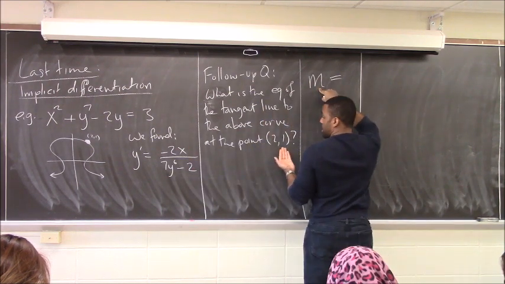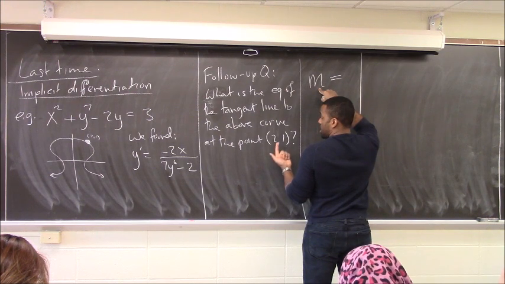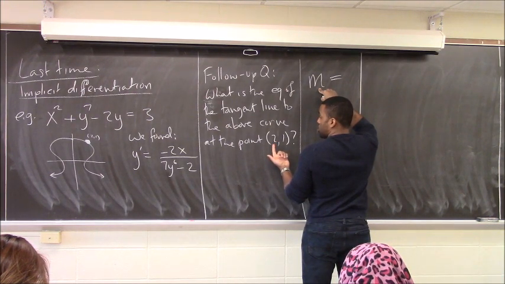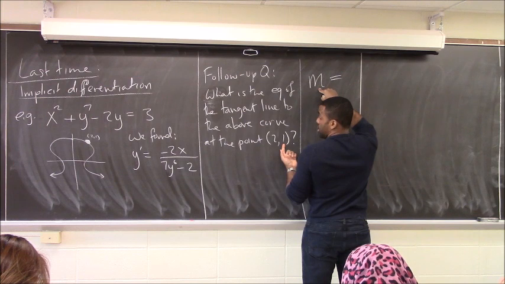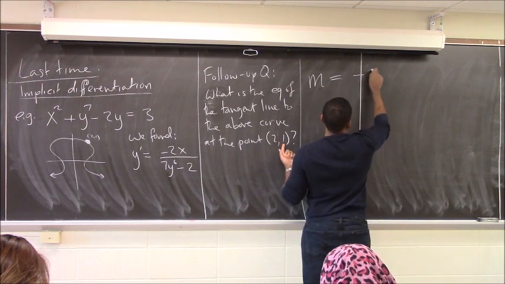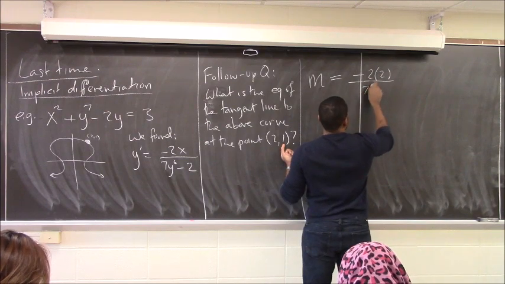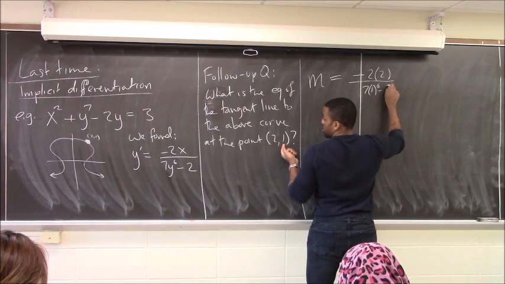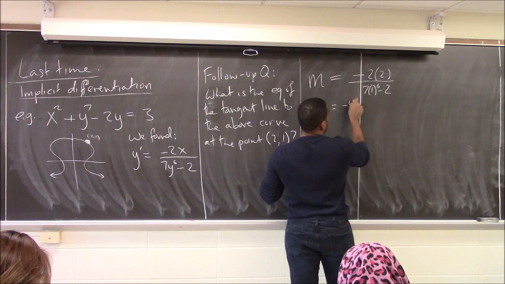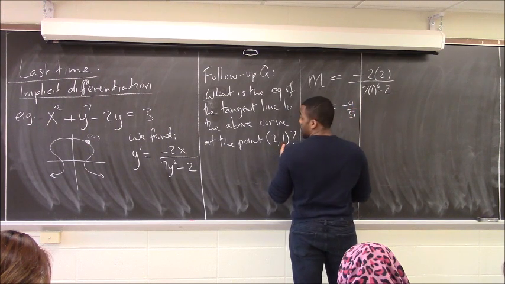Knowing the coordinate that I care about, I can just plug these in. I would plug in all the x values to be 2, all the y values to be 1. Ultimately, I'd end up with minus 2 times 2 over 7 times 1 to the 6 minus 2. That gives me minus 4 over 5, and that will be the slope of the tangent line at this point.